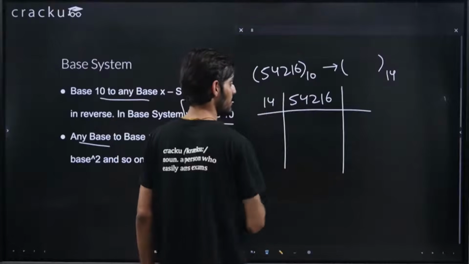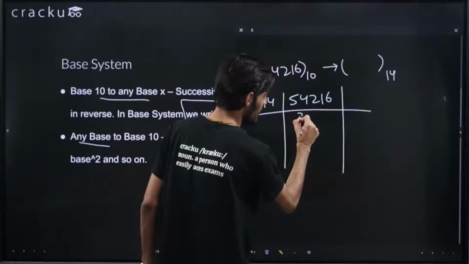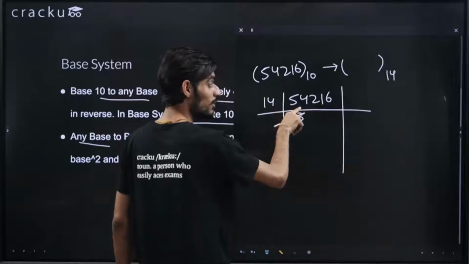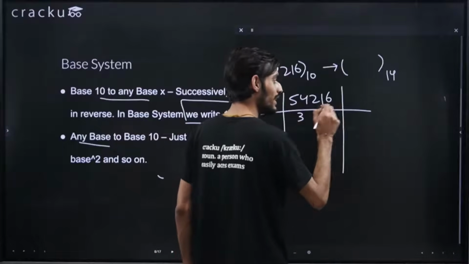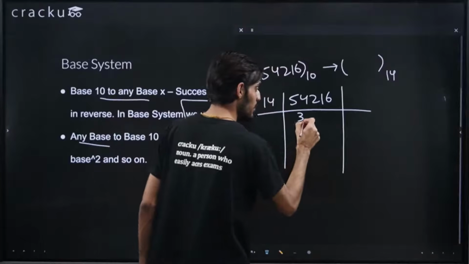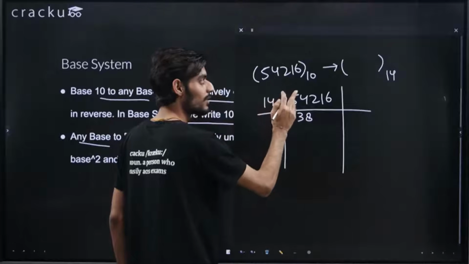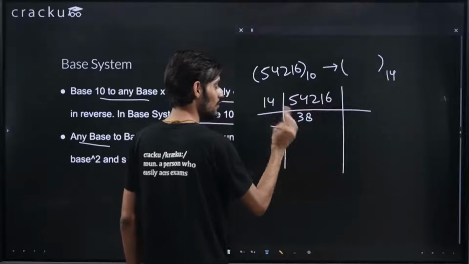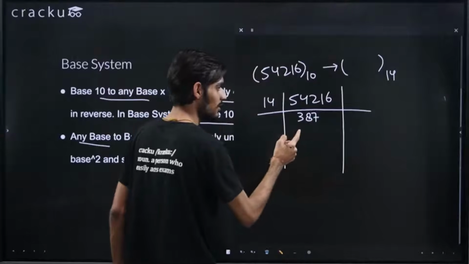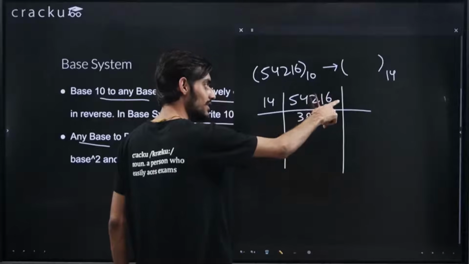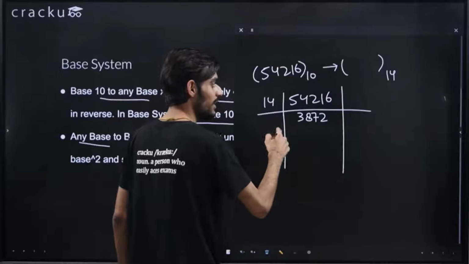So we need to convert 54216 into base 14. 14 into 3 is 42, so 12 will be the remainder. So 122. Then 14 into 8 will give me 112, so 10 will be the remainder. So 101. For 101 it will be 14 into 7, which is 98, so 3. So 36. For 36 it will be 14 into 2, 28, so 8 will be the remainder.